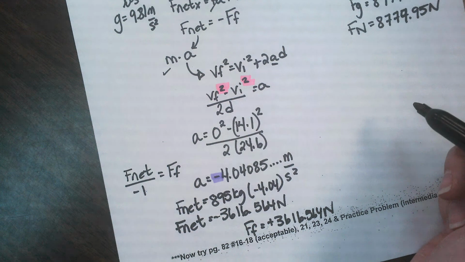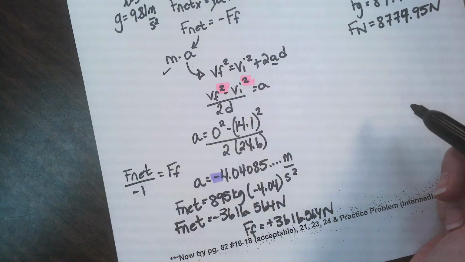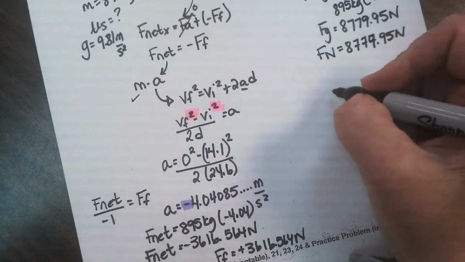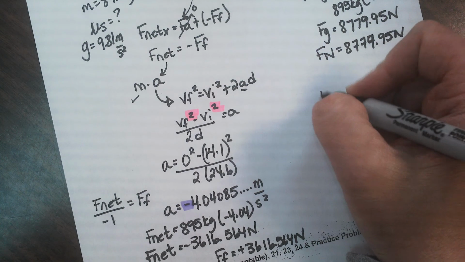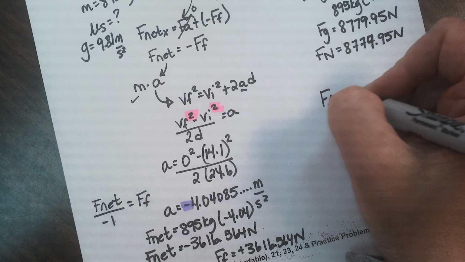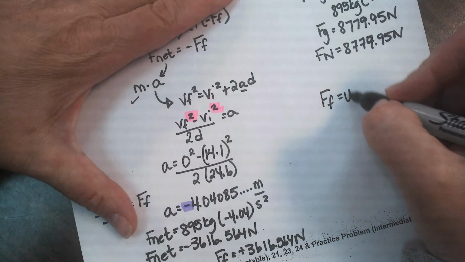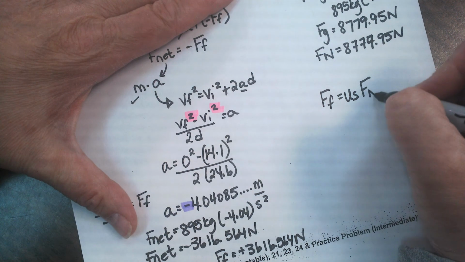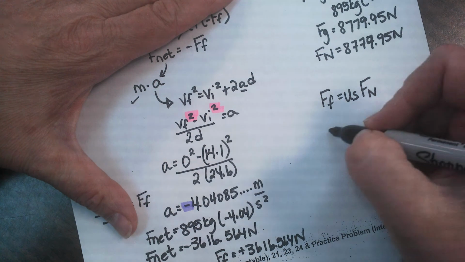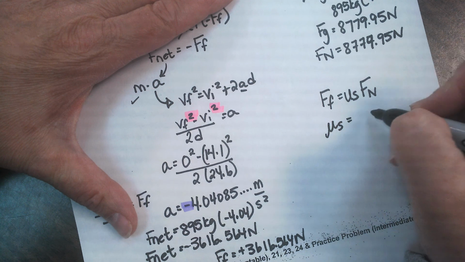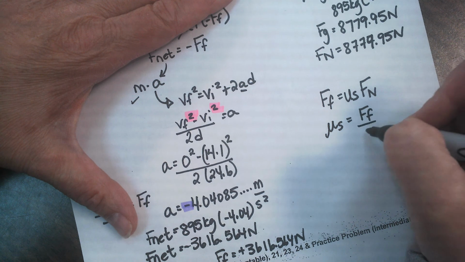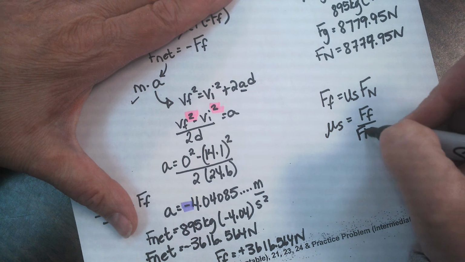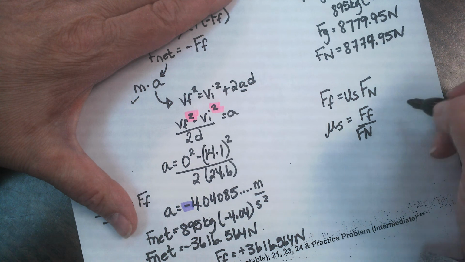Now I can go all the way back to my original question and I can solve for US, where force of friction is equal to US times force normal. US is going to be equal to force of friction divided by force normal.